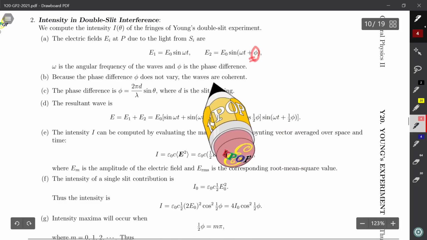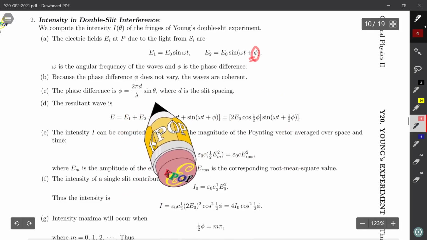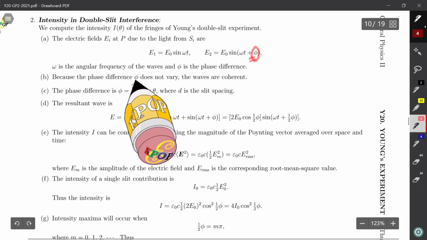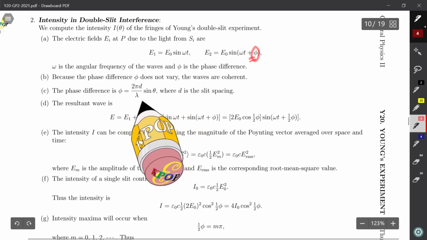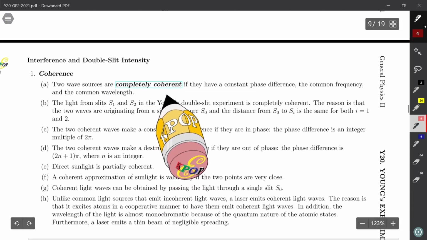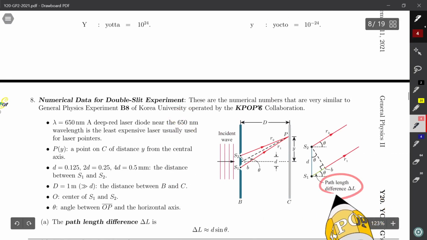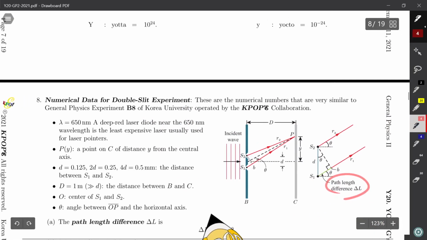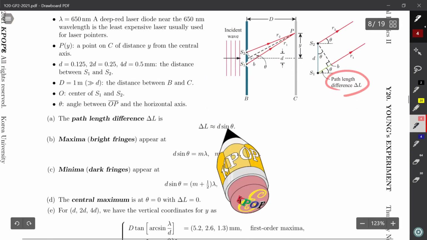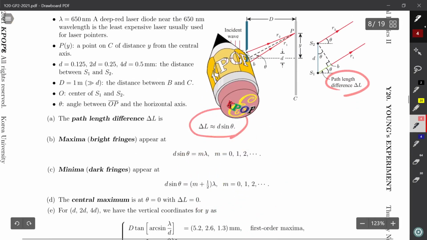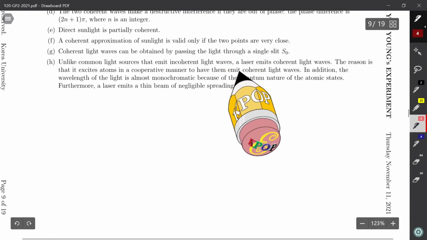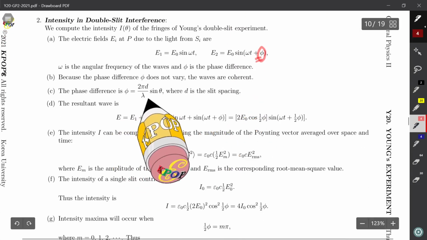The phase difference is just like what we have done: 2 pi d over lambda sine theta. Path length difference d sine theta.